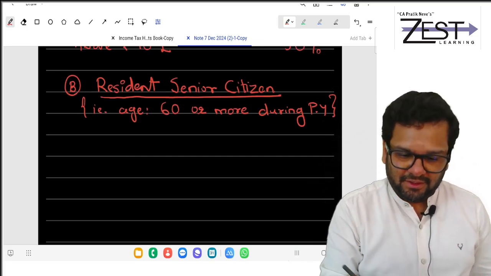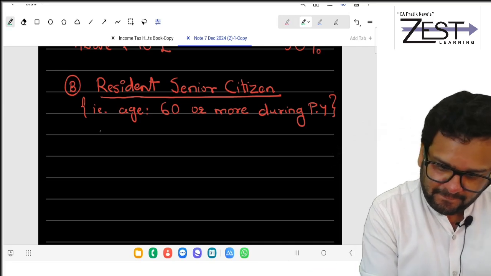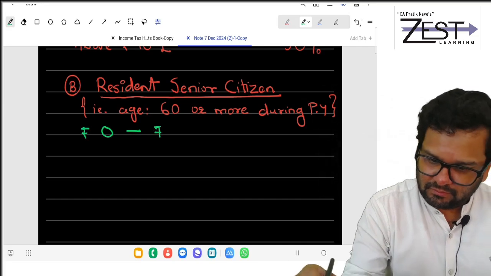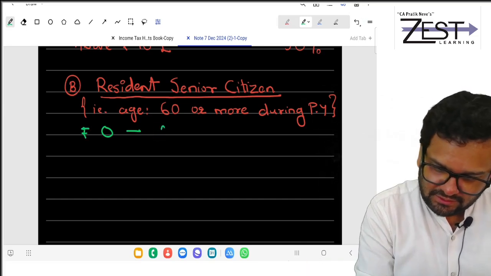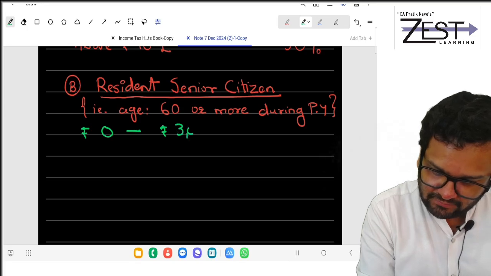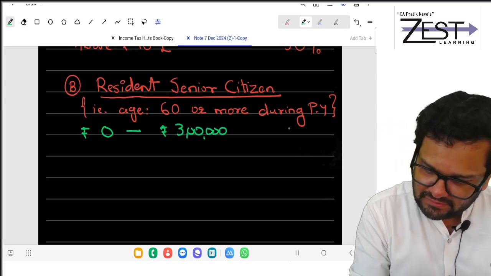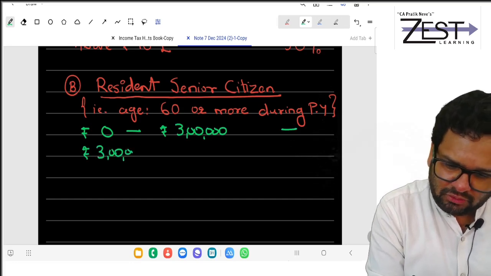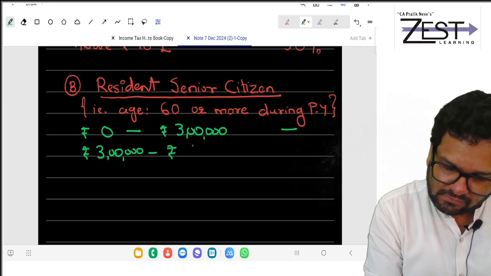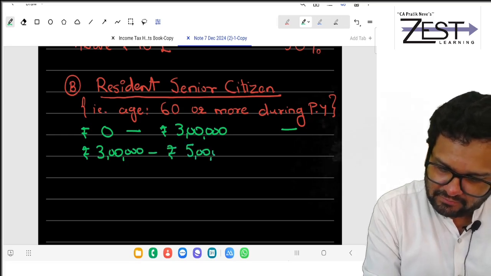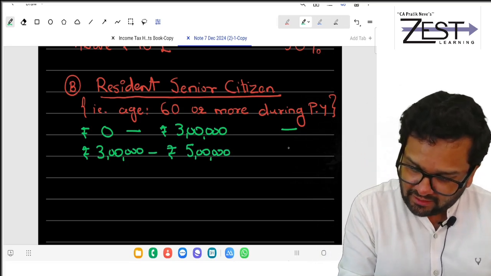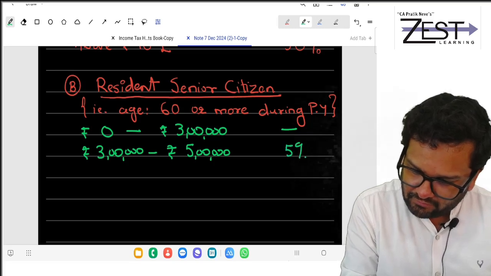Then what will happen? Understand. 0 to, friends, 0 to 3 lakh, there will be no tax. 3 lakh to 5 lakh, whatever income falls between 3 lakh to 5 lakh, tax will be at 5%.